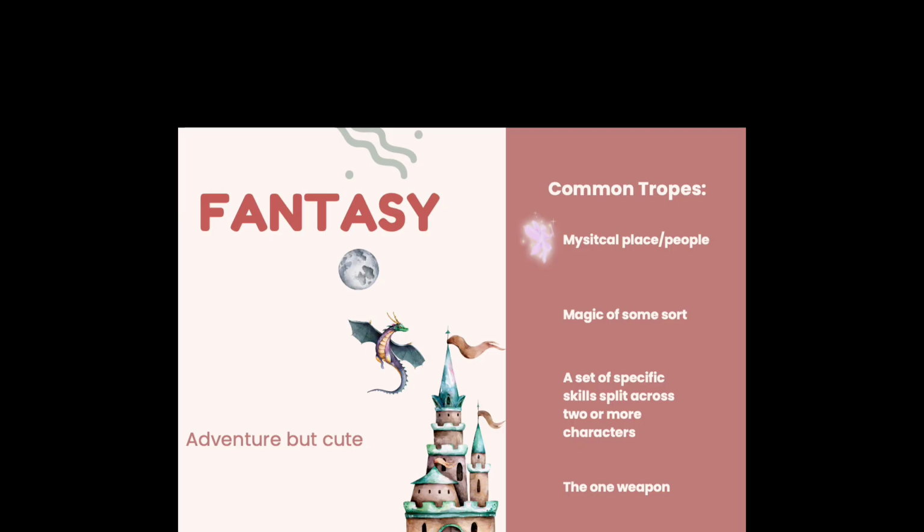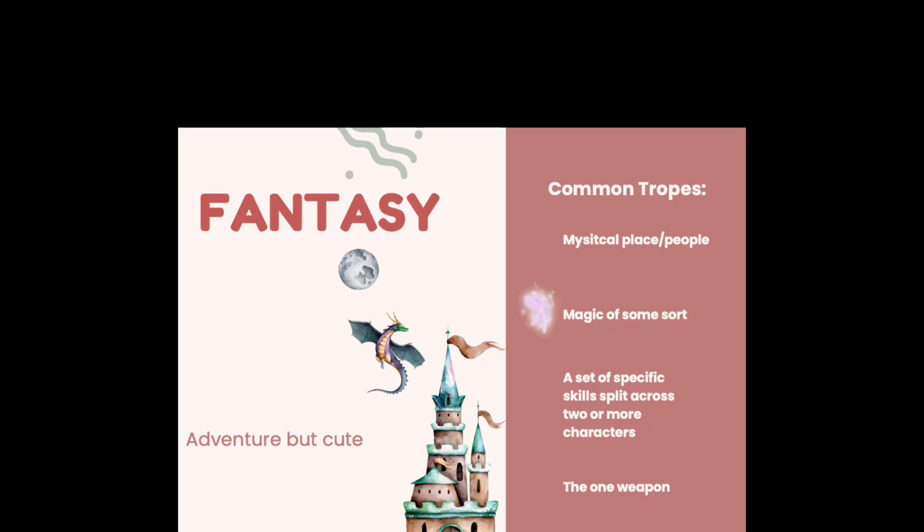When we're dealing with fantasy, more often than not, we have the presence of a mystical place or people, something outside of the quote-unquote norm. This might be outside of the norm for the character, but it could be normal for the character and just outside of the norm for the people in the audience. We also, within the context of a fantasy narrative, have magic of some sort.